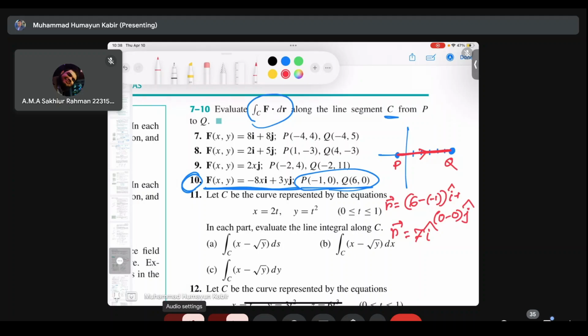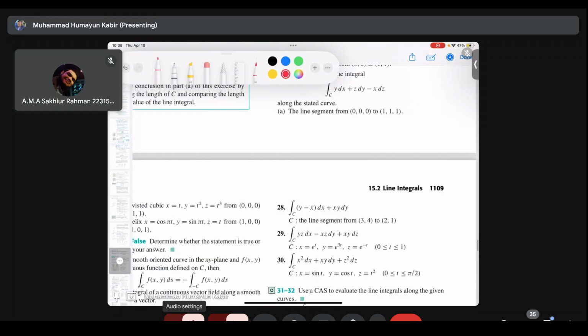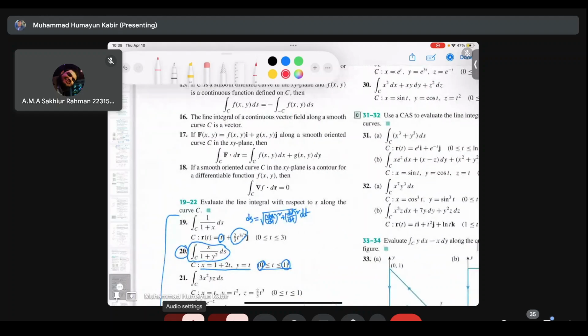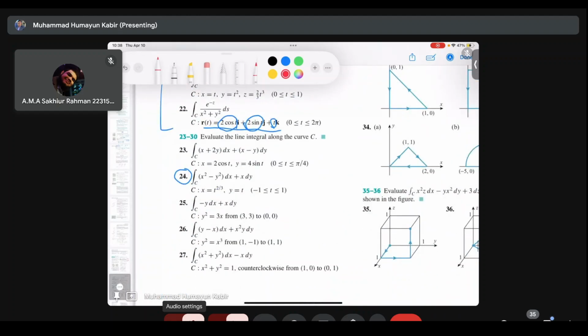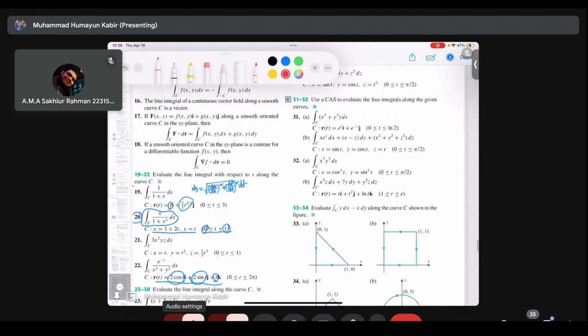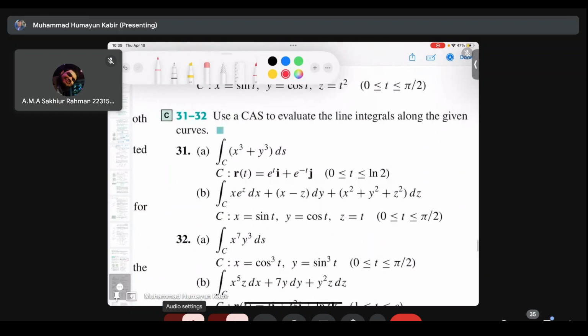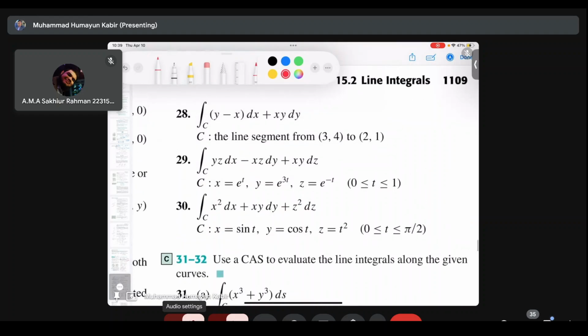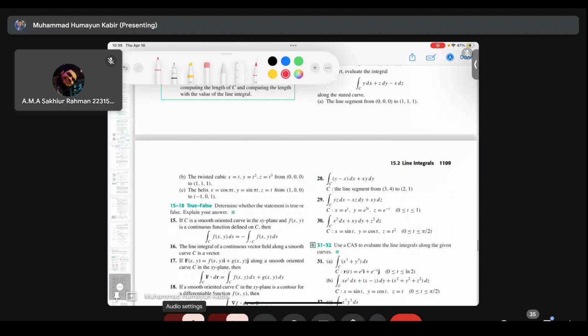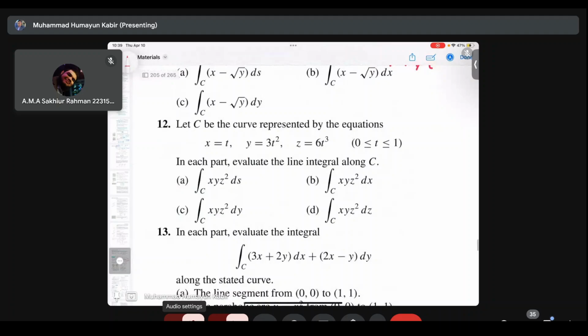I want to show a little bit more complicated one. This is a very simple one.